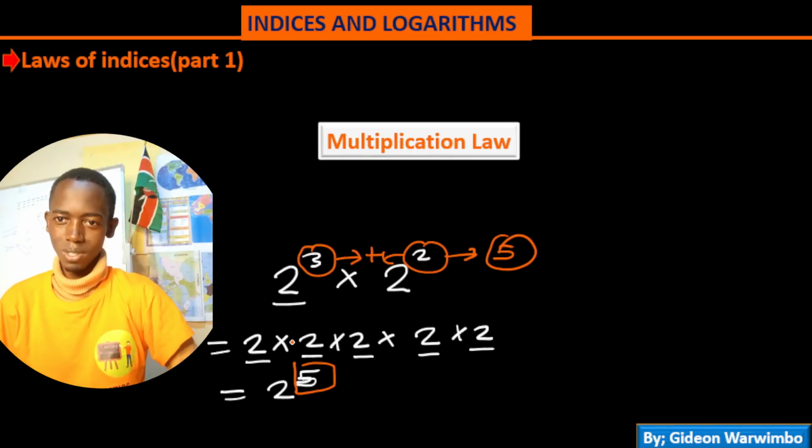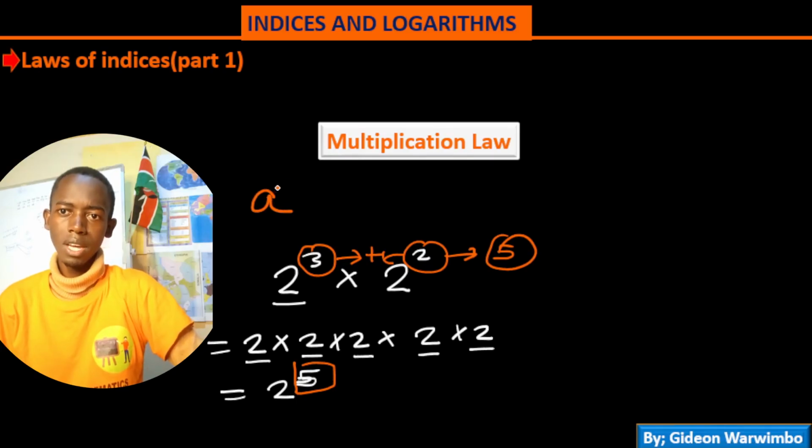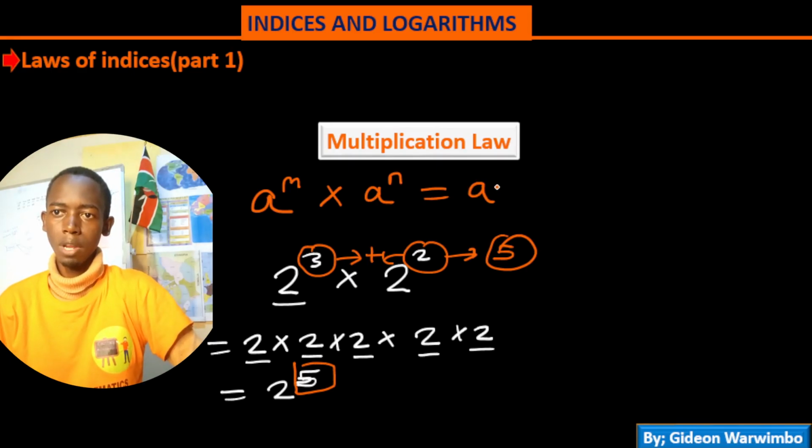I believe this was a good moment for you to see how all this connects together. Therefore, for a general term, suppose you have a to power m, multiplied by the same base a raised to another power, n. This is equivalent to a to power m plus n, with the powers being added together.